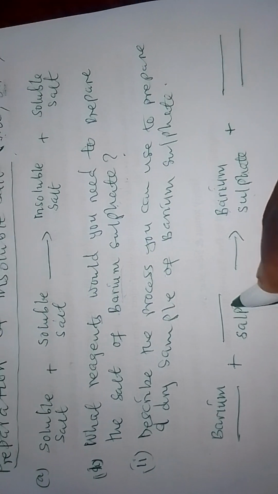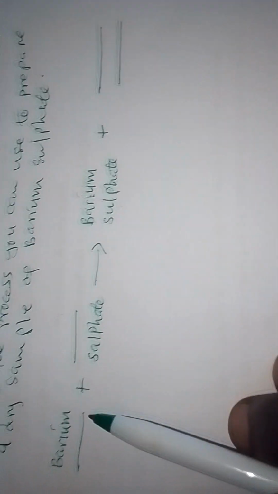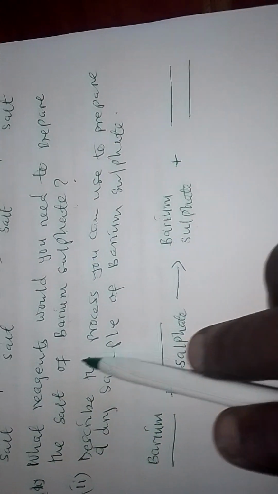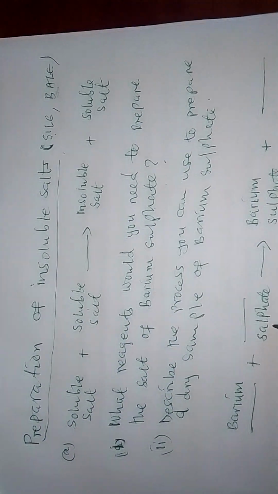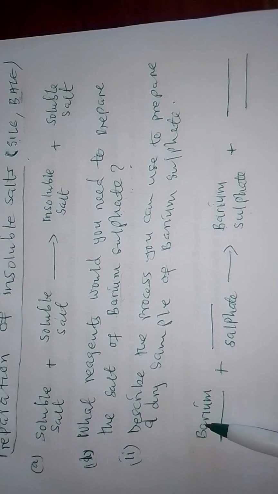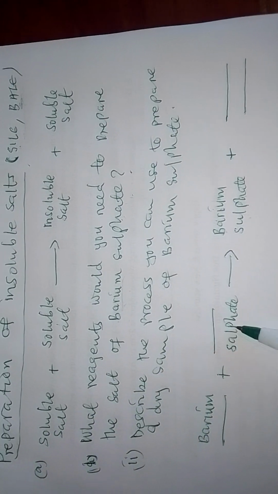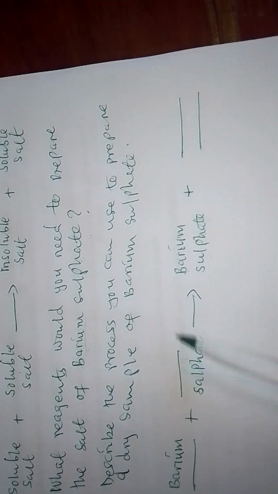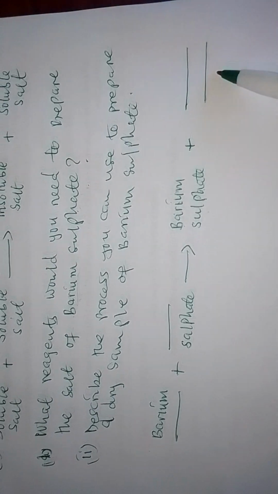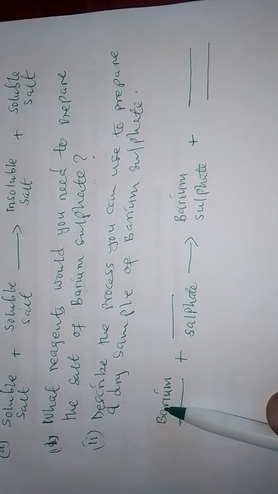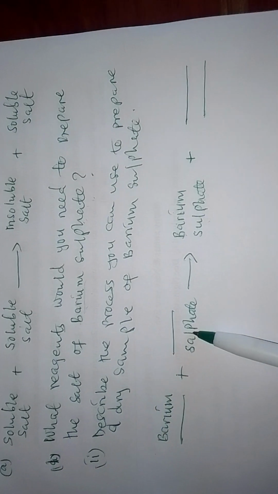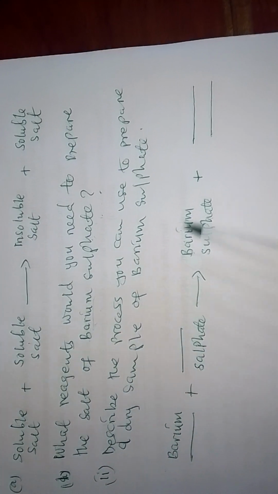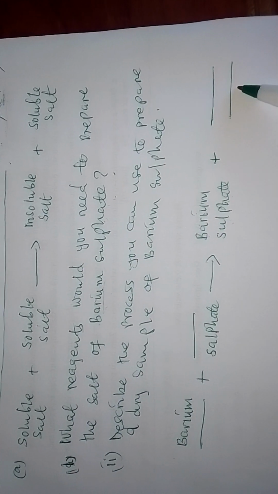So the first soluble salt provided barium, then the second one provided sulfate, so that when this one displaced this, it combined with this to form this. Then this one will combine with this to form this and that. That's what is happening here.